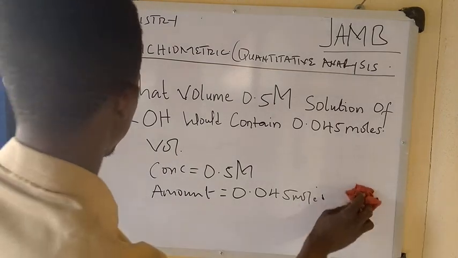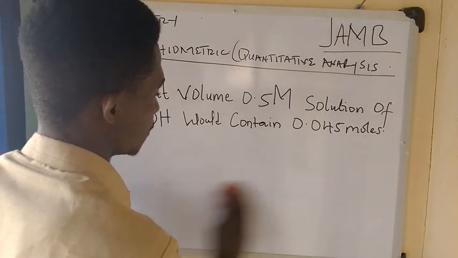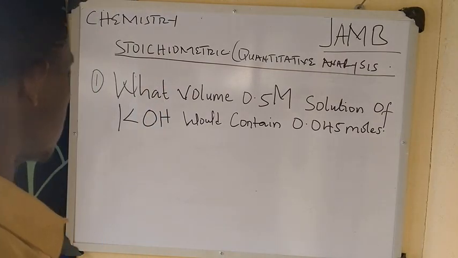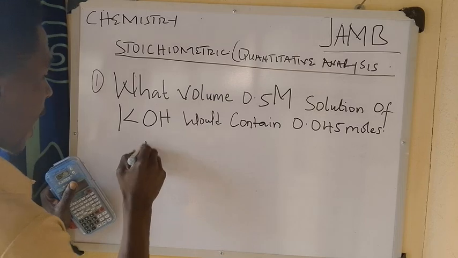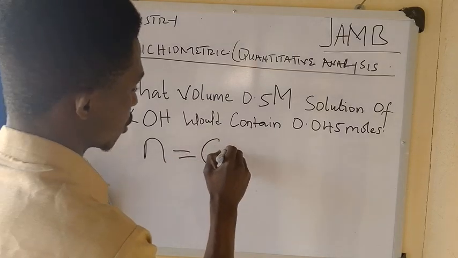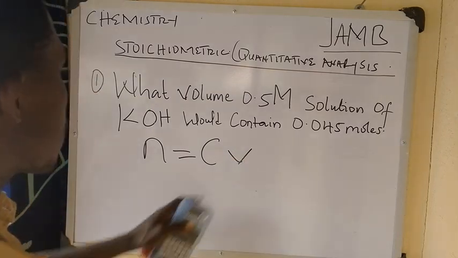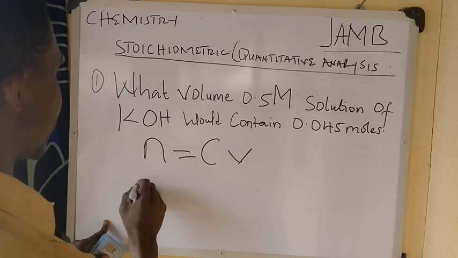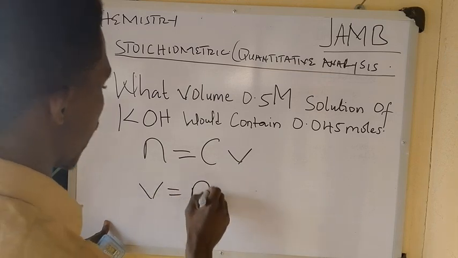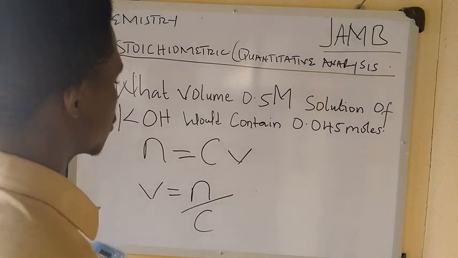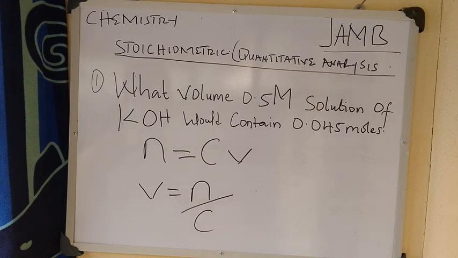Okay, let's see from the formula. Amount is equal to concentration times volume. They ask us to calculate volume here. So if you make volume the subject of the formula, V is equal to amount over concentration.